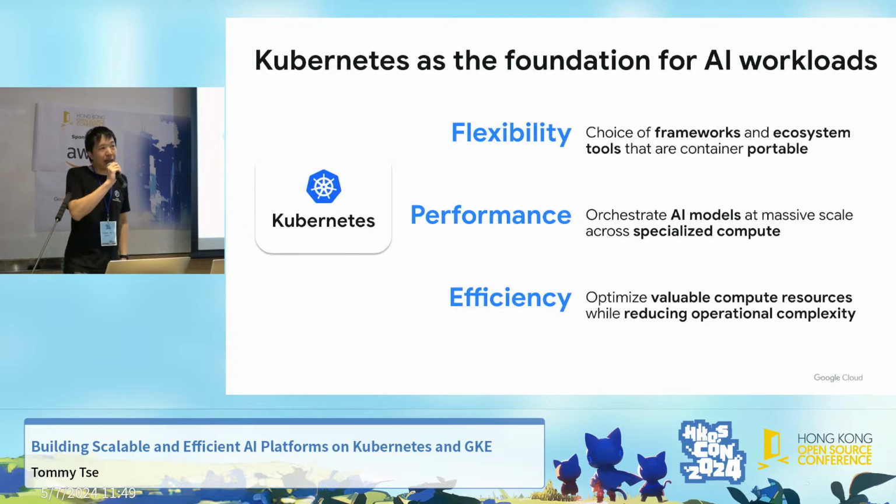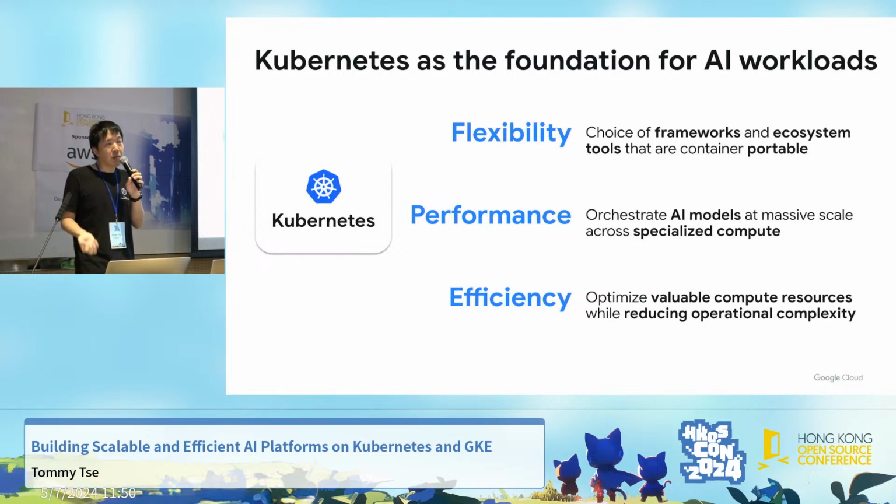Kubernetes can provide a really good foundation for working with AI workloads. First, its flexibility in terms of frameworks: in the open source ecosystem there are so many you can pick from, like TensorFlow, PyTorch, and even Ray. They are really portable, as everything runs as a container, so you can run wherever you like.